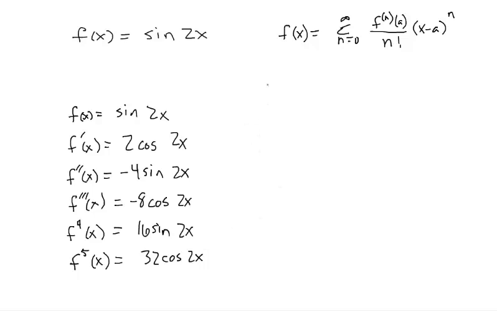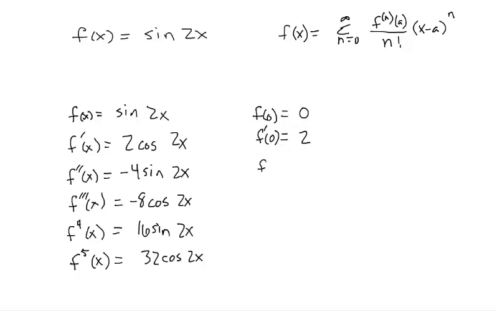And now we want to evaluate f of x and all its derivatives at 0. So we want to find f of 0, and that is equal to 0. The sine of 0 is 0. F prime of 0 is equal to 2.